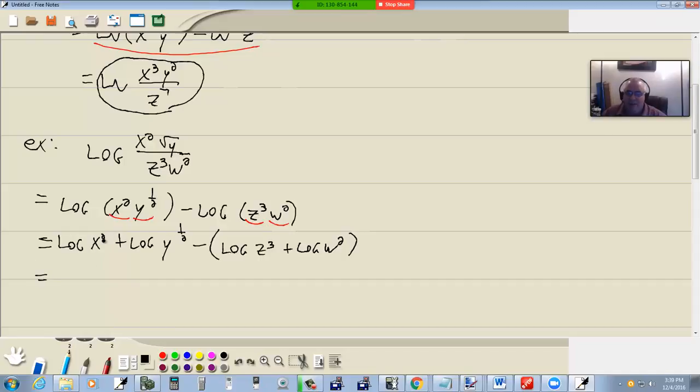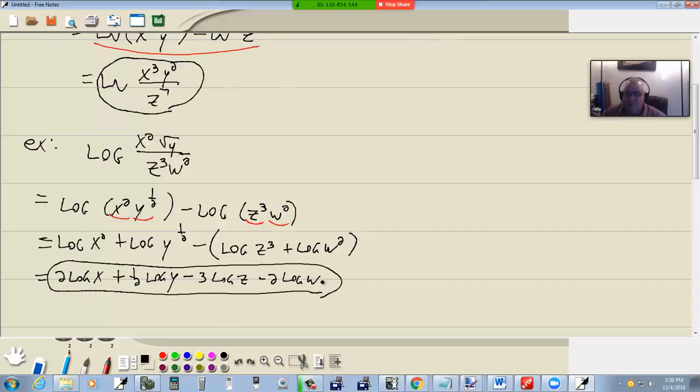Now these have powers, and I put the power in front of the log, so it becomes 2 log x plus 1/2 log y. Remember, this minus is going to flip the sign of everything that follows it. So I got minus, I'll take this power and put it in front, minus 3 log z minus 2 log w. And that would be our answer.